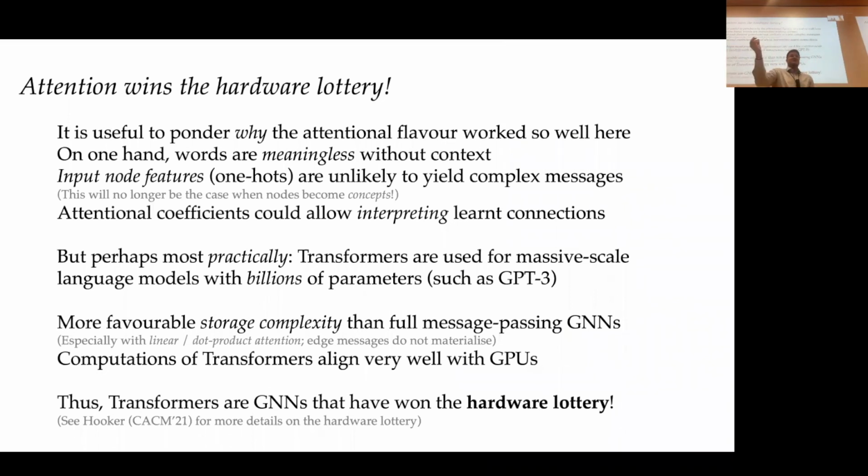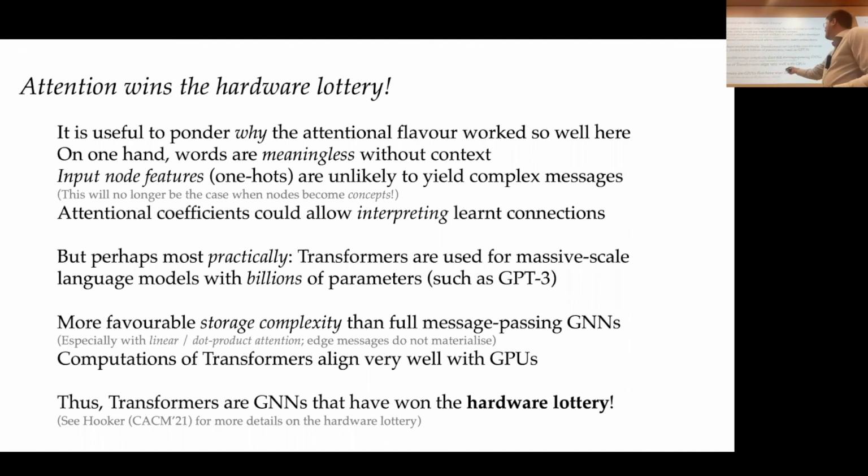A single word doesn't have any meaning, but a word combined with other words gains meaning. And therefore, the input features to the nodes are just one-hots, right? An index into a vocabulary of words. And that's unlikely to give you complex messages. So there's no need to do message passing, right? Actually, representing words as weighted combinations of other words is a pretty fair way of looking at it. So attention aligns really well with this kind of computation.